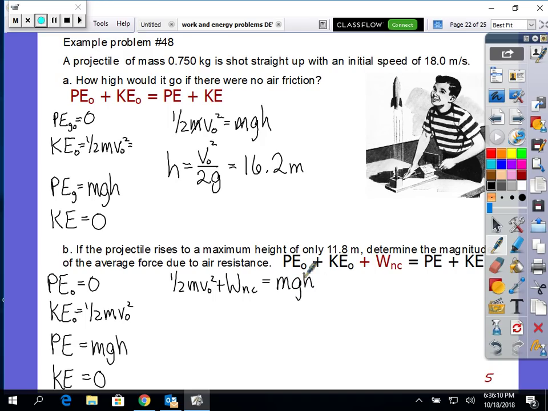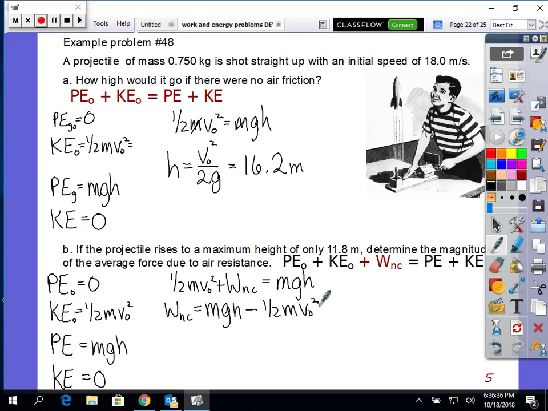That's an h, not an n. I'm going to solve for the work, and then I'm going to use that work to figure out what the force is. So I'm going to subtract 1/2 mv naught squared. So the non-conservative work is going to be mgh minus 1/2 mv naught squared.